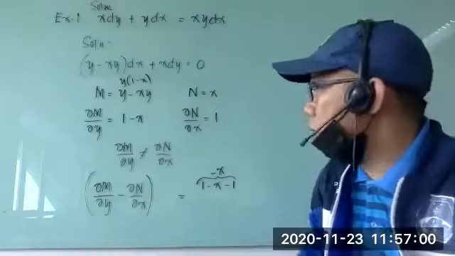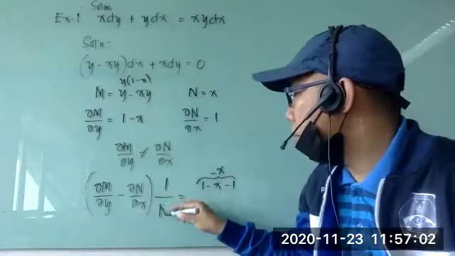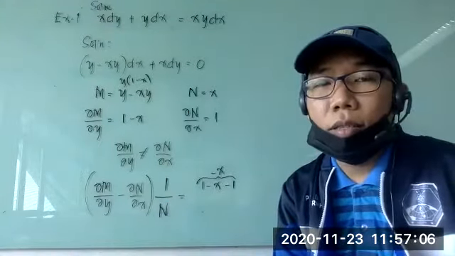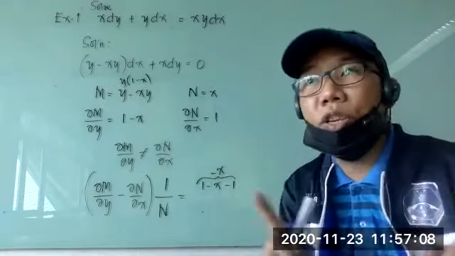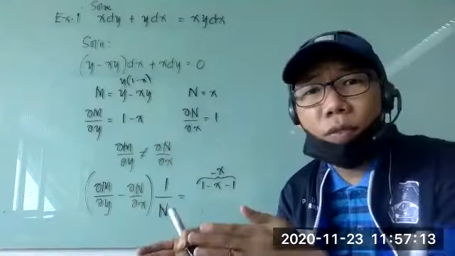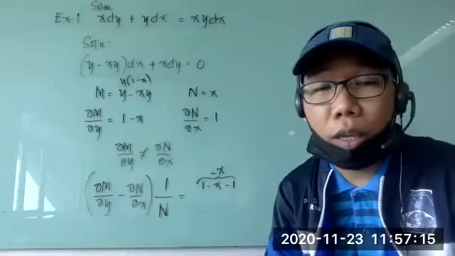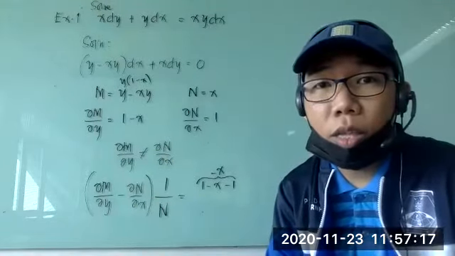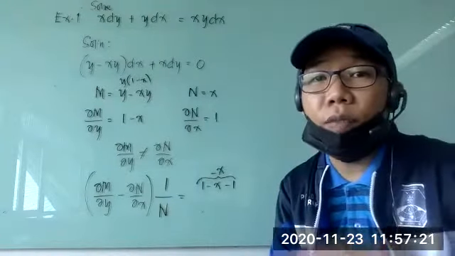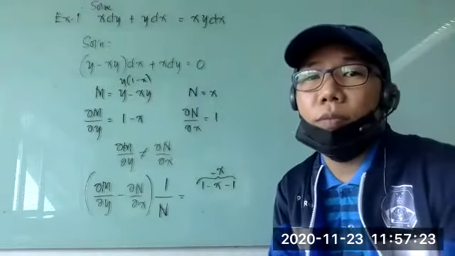If we divide by N, remember, since N is associated with dy, you are canceling y, so the resulting function should be a pure function of x. And if the result is a constant, it could represent a function of x or a function of y.